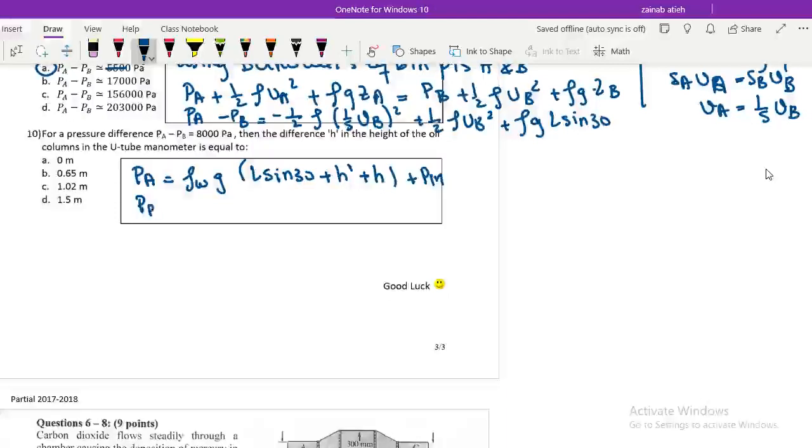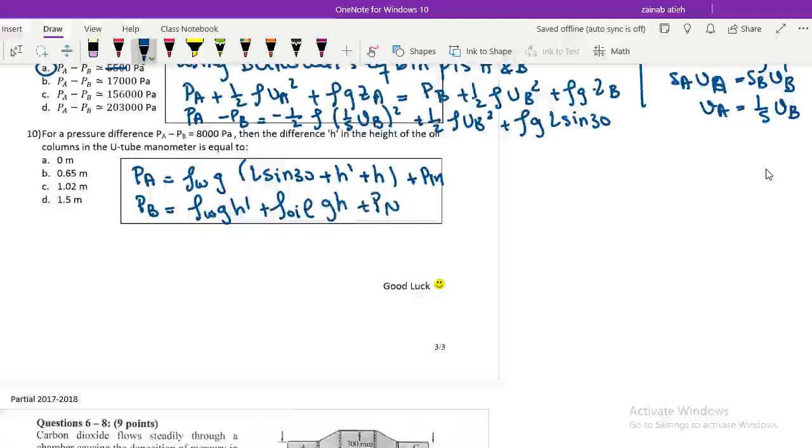PB is equal to rho of water G H prime plus rho oil G H plus PN.